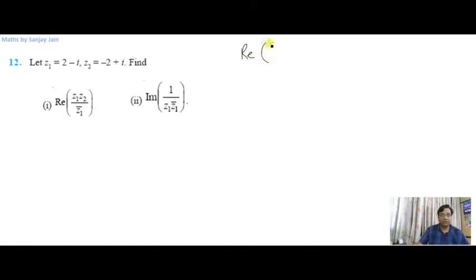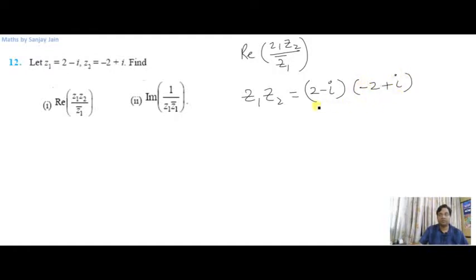Real part of z1 z2 upon z1 bar I require, right? So let us first of all find z1 z2. It will be equal to 2 minus iota into minus 2 plus iota, and what will be minus 4 plus 2 iota plus 2 iota, and then minus iota squared.